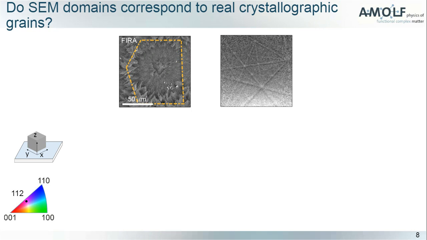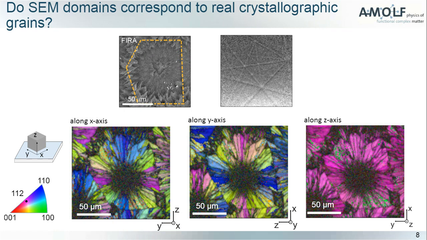So what we did was indeed measure the whole cluster and see whether this was a single grain. As you can see here, if we look along the X, Y, and Z direction, you can immediately see that there are mainly two orientations perpendicular to the substrate, so along the Z axis, which are the 112 and the 100, and these are also in agreement with XRD measurements that we have done on the same sample.